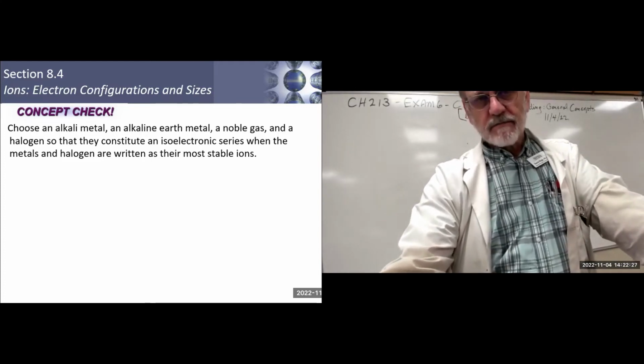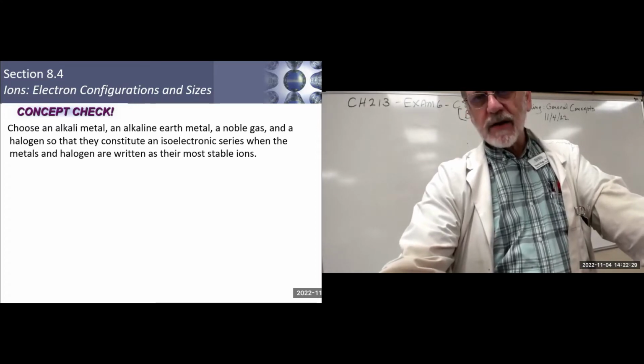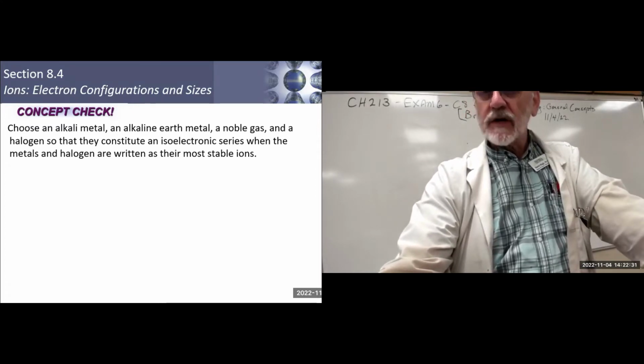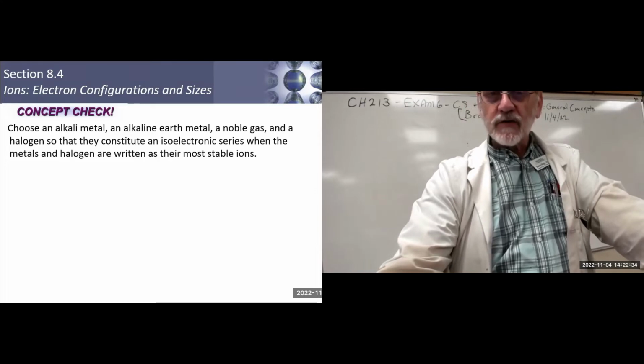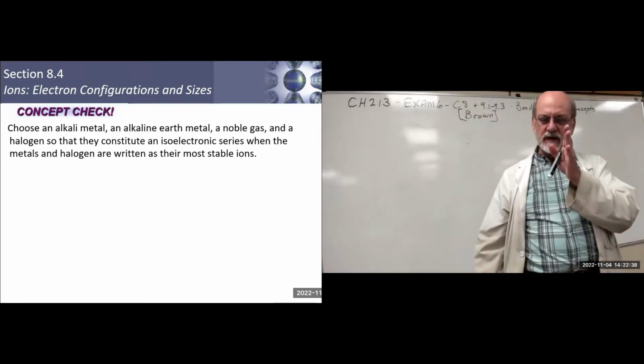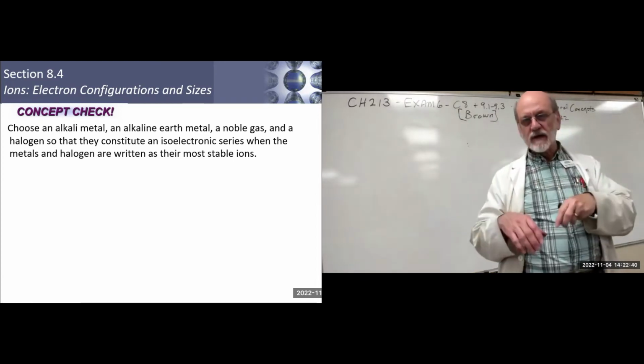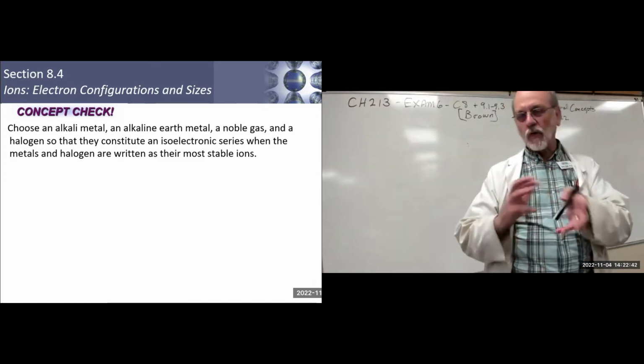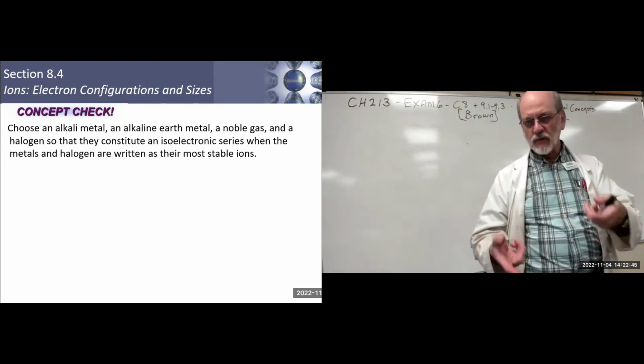Just choose an alkali metal or an alkaline earth, a noble gas, and a halogen so that they form an isoelectronic series. Generally, you start with a noble gas, and then for the others you pick, ask how many electrons you have to add or lose to look like the noble gas.